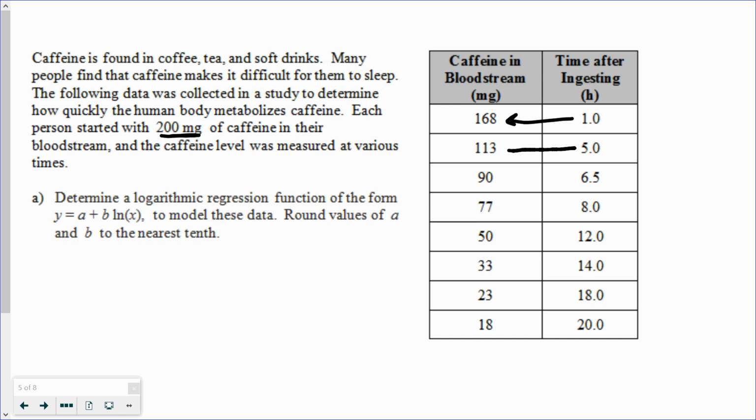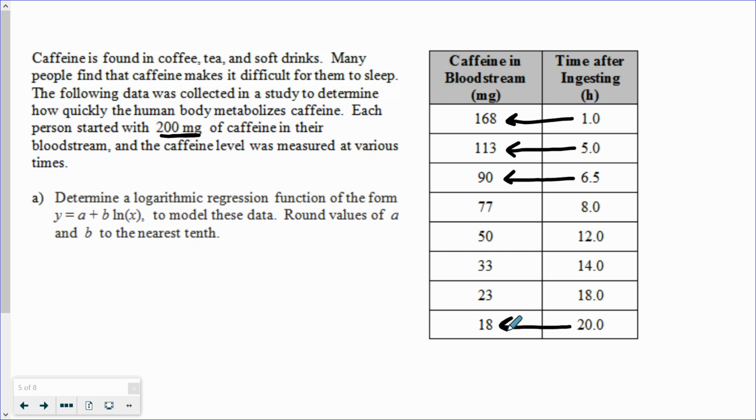After 5 hours, we're not even down to half, right? 113 is still greater than half of 200. At 6.5 hours, we're at least under a half. And at 20 hours, it's down to 18 milligrams of caffeine in their blood.